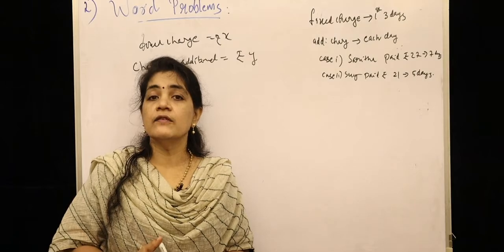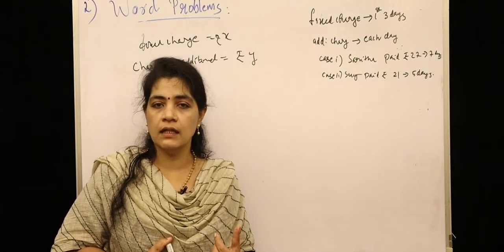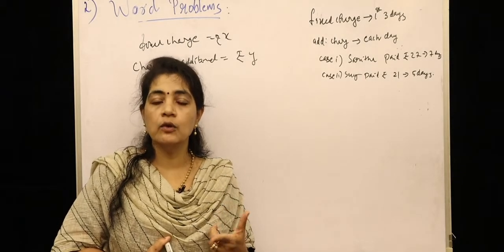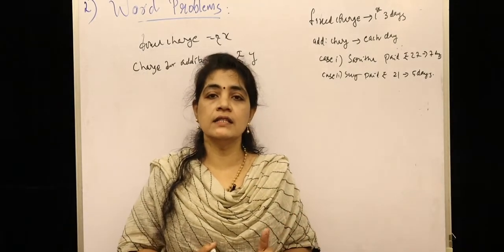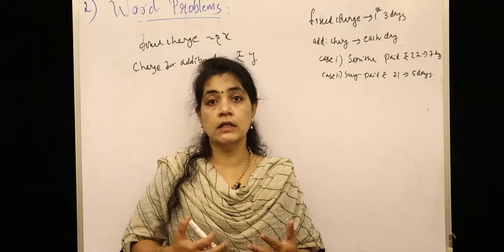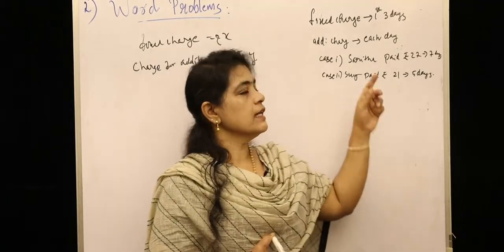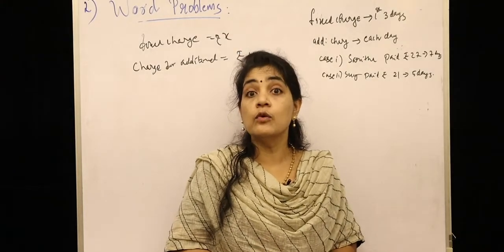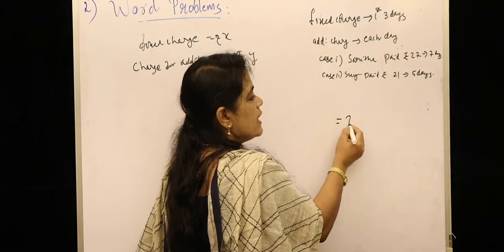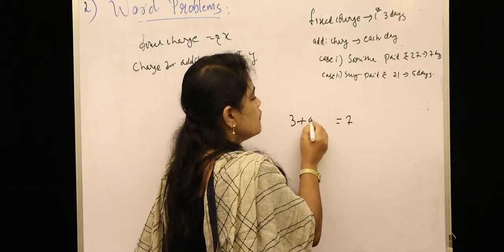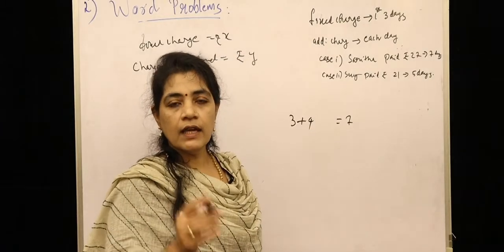So children, here we have two cases, one for Sarida, and she paid rupees 27 for 7 days. She kept that book with her for 7 days. The 7 days can be split as 3 plus 4. Why do I split it?